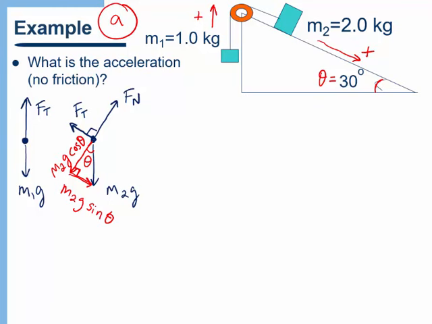And therefore we want to make sure that if object 1 is moving up and we call that a positive direction, well, that corresponds to when object 2 is going down the incline. So we have to specify that as the positive direction for object 2. Now in this problem, let's look at the direction of motion. And so when we have objects moving together, we're looking at the direction of motion for both objects.